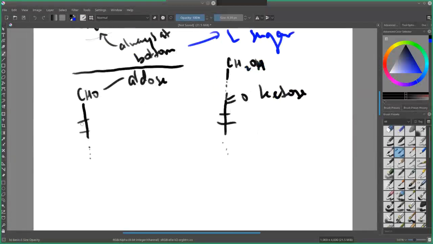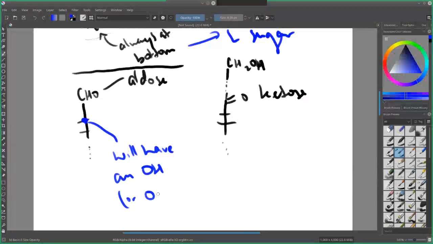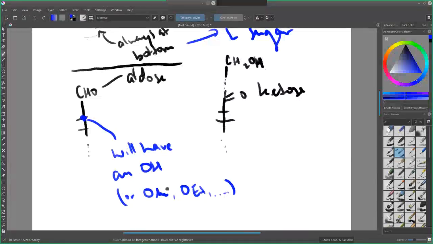Each one of these carbons, so each one of these stereocenters will have an OH or an O-methyl or O-ethyl or whatever, right?